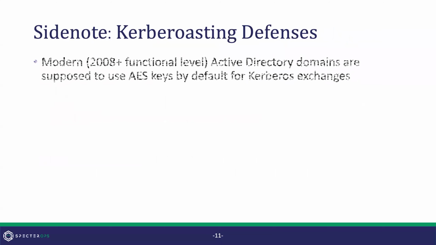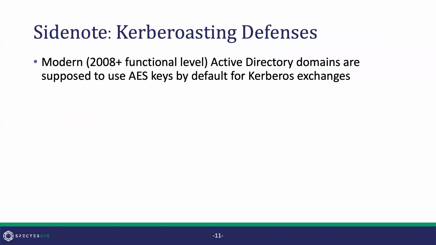Because of this, one of the defenses that people tend to advocate, and have talked about for a few years, is something called encryption downgrade. Because modern Active Directory domains, again, functional level 2008 and above, are supposed to use AES keys by default for Kerberos exchanges.